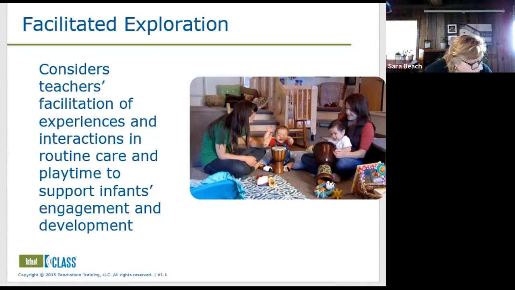If you look at the dimension, facilitated exploration, on page 26, you will see that the three indicators that we're looking for, the three types of behaviors, are involvement by the teacher, infant focused, meaning the teacher is really focused on what the babies are doing and supporting that exploration, and lastly, teachers that expand what the babies are doing and encourage them to do the next thing.